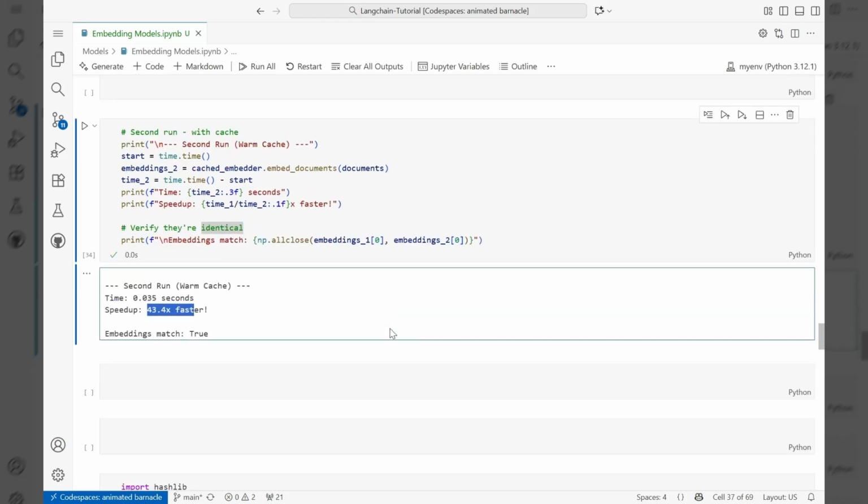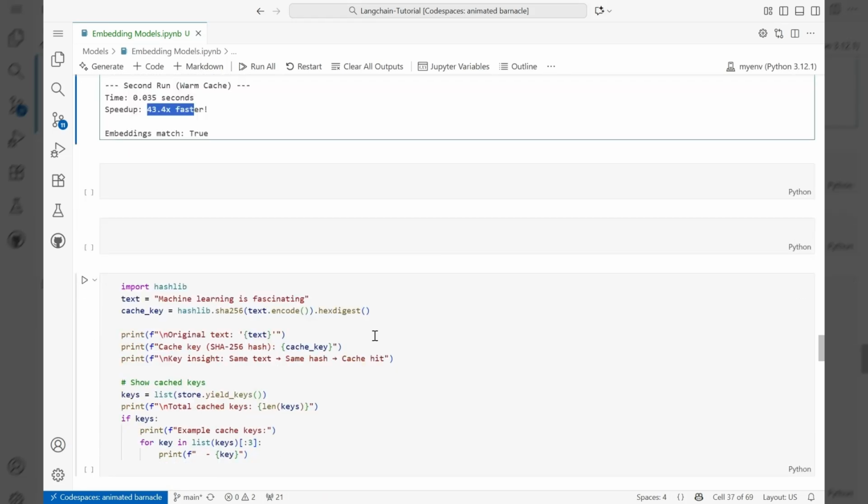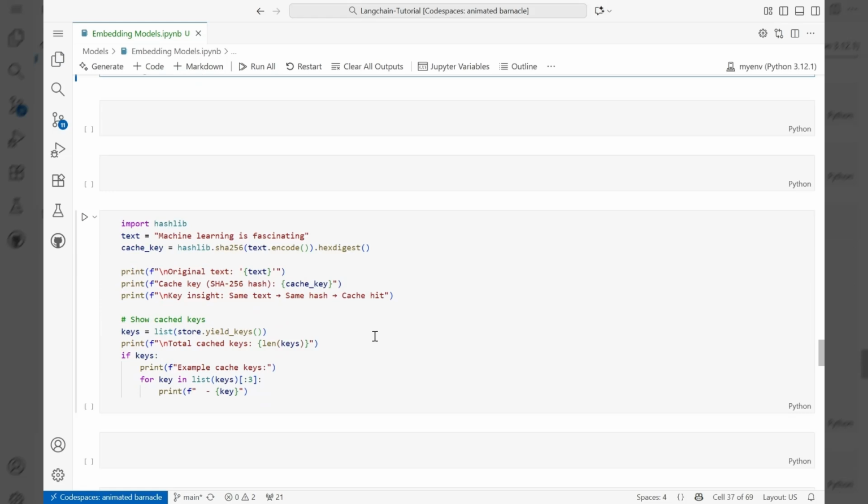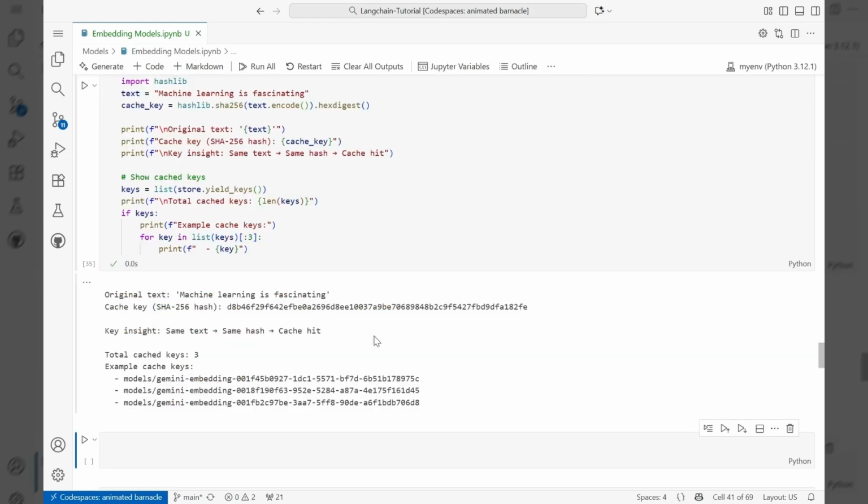Now let's understand how caching works, how the cache is getting created in the backend. There is something called a hash key that will be created. If you have the same text, the same hash will be created and the cache will hit the next time the same text is embedded. But if you have different text, a different hash will be created, so the cache will miss.